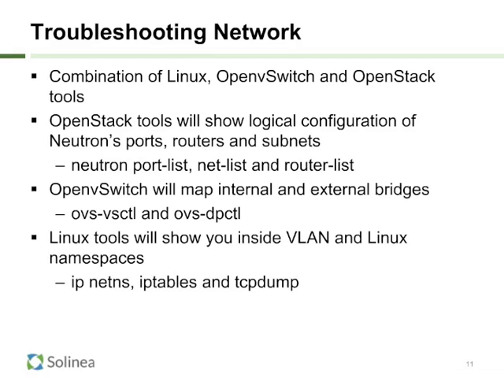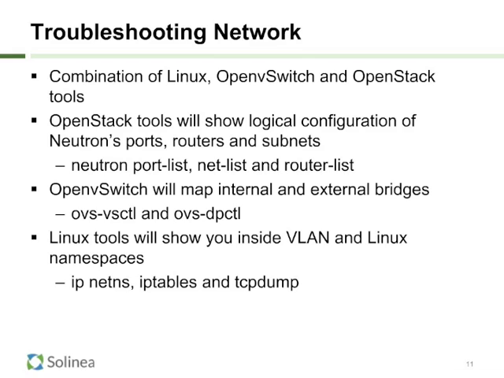So things like iptables and tcpdump are obviously standard networking tools. However, ip netns, which is IP net namespaces, is new to a lot of customers out there. And in general, this is where we run into the problems, especially when people are running Neutron's networking in either VLAN or GRE tunneling mode.